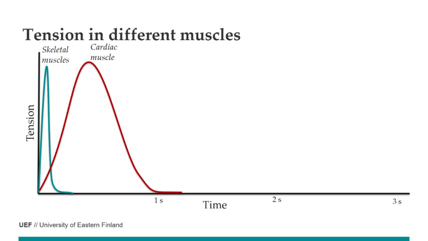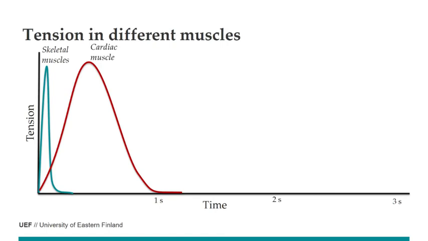And if we remember in the previous videos, there was a huge difference between how long the action potential and how long the contraction happens in skeletal muscle and cardiac muscle. So in the cardiac muscle, the action potential was 100 milliseconds or whatever. So it's quite long. So that's why during this action potential it's unable to get the next stimulus. So that's why you can't make the tetanus in the cardiac cells.